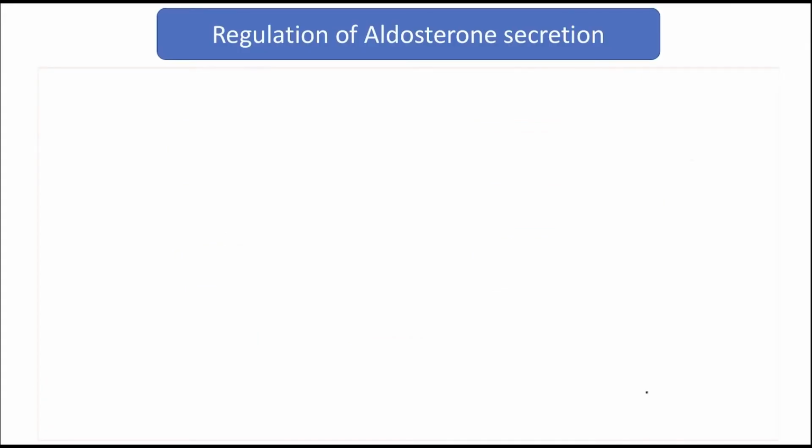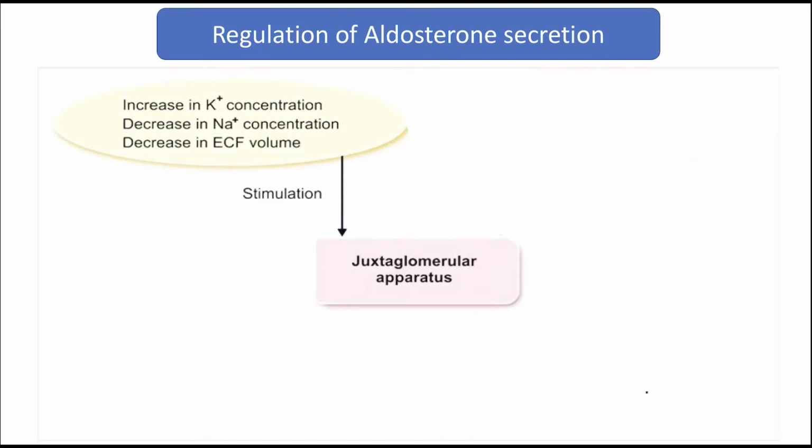Now coming to the regulation of aldosterone secretion. Whenever there is hyperkalemia, that means an increase in the potassium ion concentration in our body, or hyponatremia, that is a decrease in the sodium ion concentration in our blood, and a decrease in the extracellular fluid volume, all of these three factors will ultimately stimulate the juxtaglomerular apparatus present in the kidney, so that renin is secreted from the JG cells, which will convert angiotensinogen into angiotensin 1.